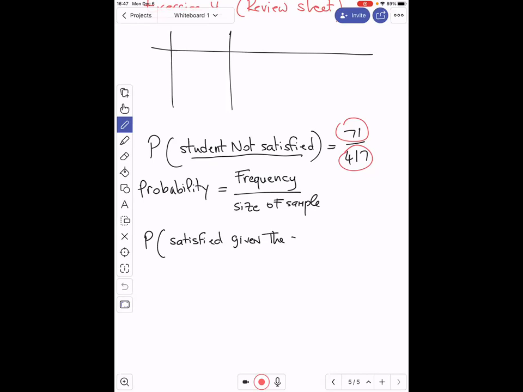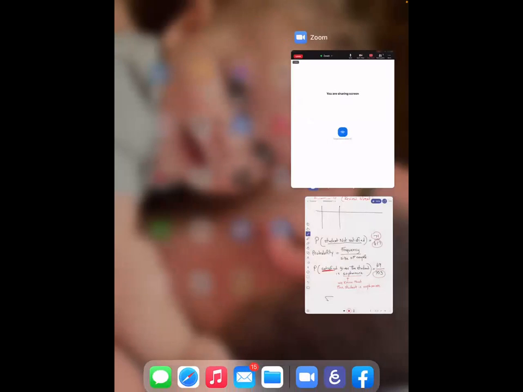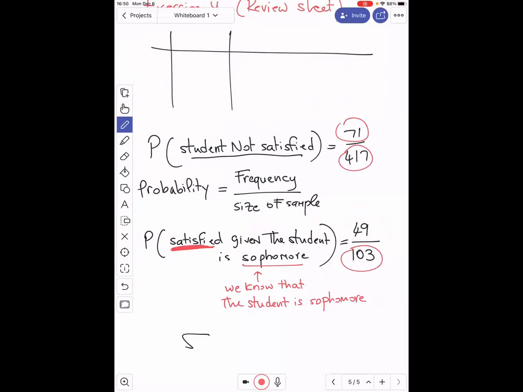I can't see your screen. It's just frozen. Do you see the screen now? Yes, I see it now. Okay, all right. Sorry about that. It's okay, it happens sometimes.